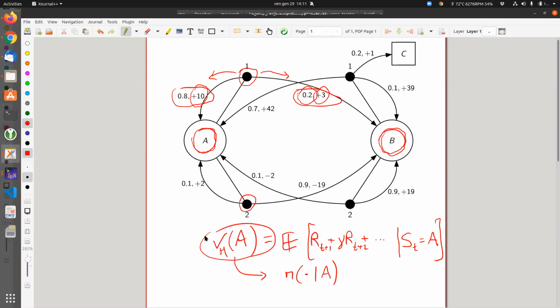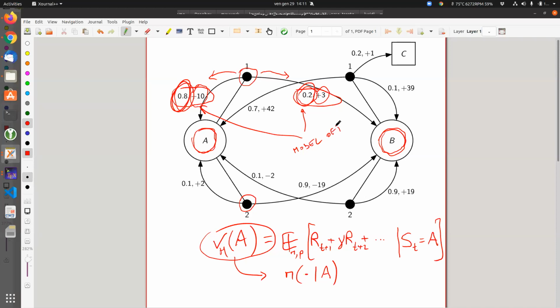Okay, so our problem is the computation of this value function. But in order to compute this value function, this is an expected value containing the policy, but also these probabilities. So in order to compute this value exactly, I need these probabilities. These probabilities are called the model of our problem.